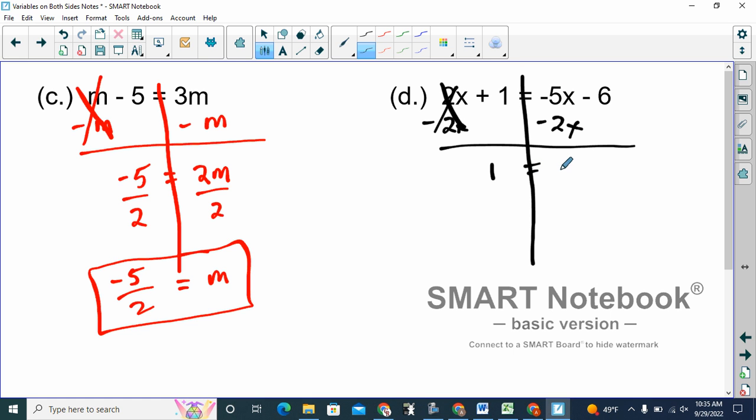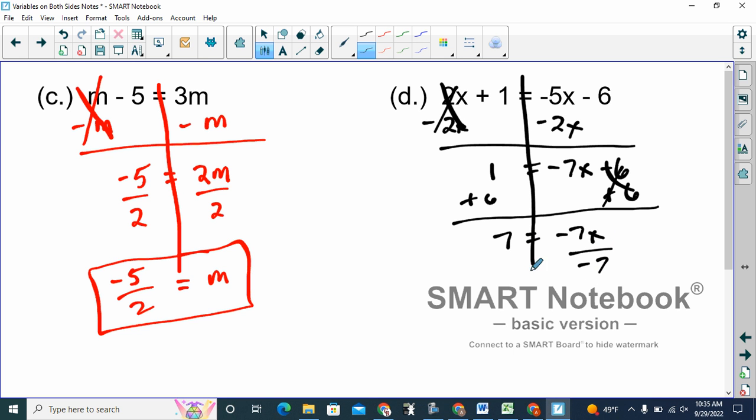Negative 5x minus 2x is negative 7x. I would add 6 to both sides. Negative 7x equals 7, and divide both sides by negative 7. And notice I still get x equals negative 1. Same answer.